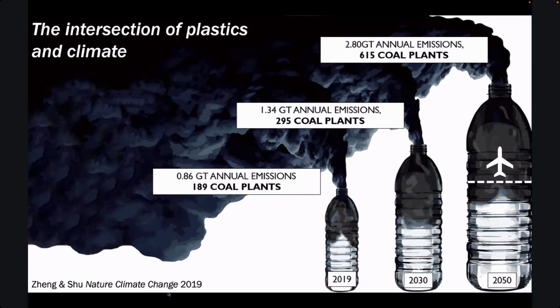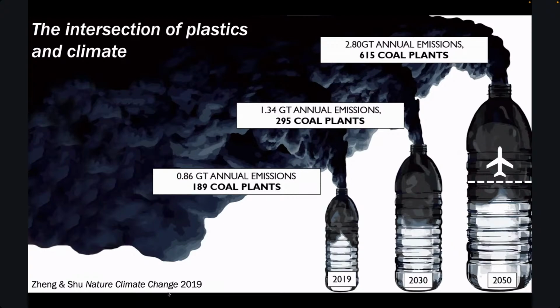The reason the Department of Energy is now hyper-focused on the circularization of plastics materials is because there's an incredibly strong intersection between plastics and climate. We tend to look at plastics as a very visible and physical pollution, but in reality, that pollution spans beyond just the materials we're seeing in our oceans and waterways.